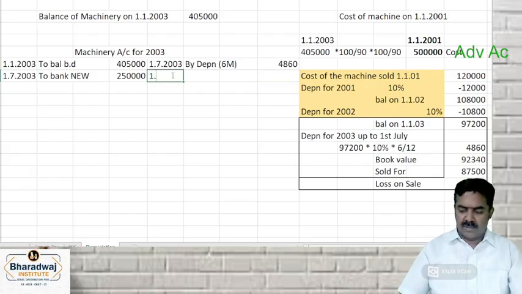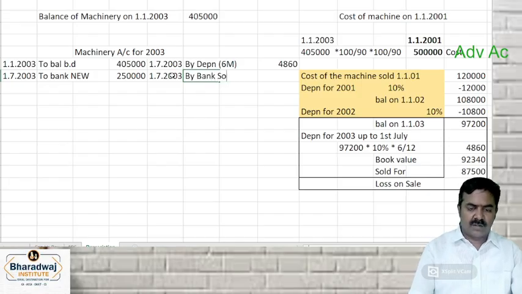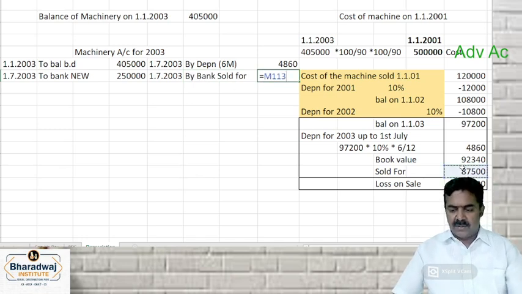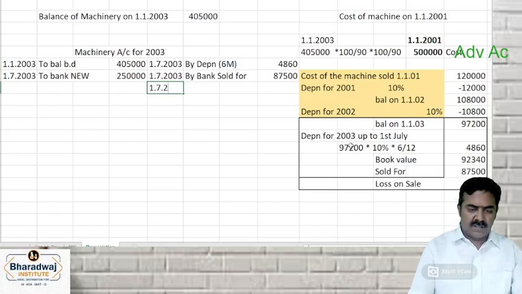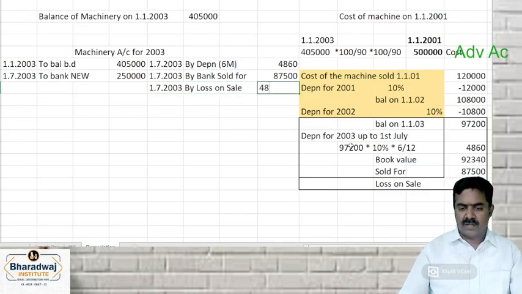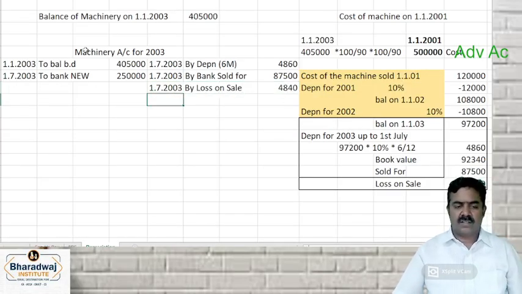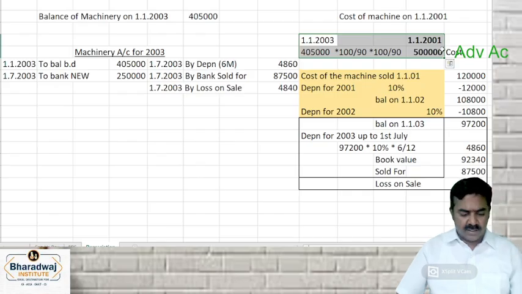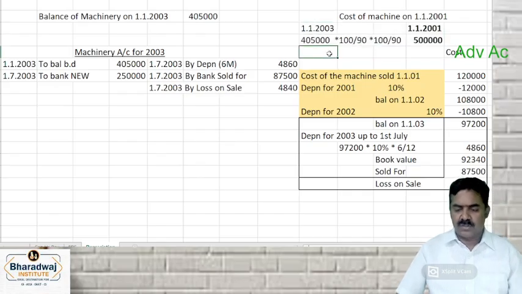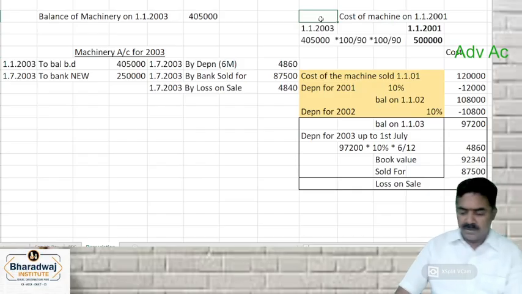Then on the same date, 1/7/2003 by bank it is sold for 87,500 க்கு சேல் பண்ணிருக்கோம். 1/7/2003 by loss on sale. What is the loss on sale? 4,840. Any doubt so far? This is just a reverse working to find out the cost of the machine.